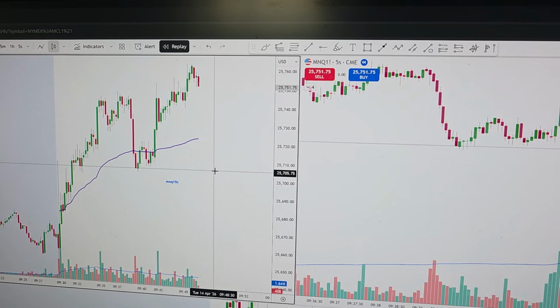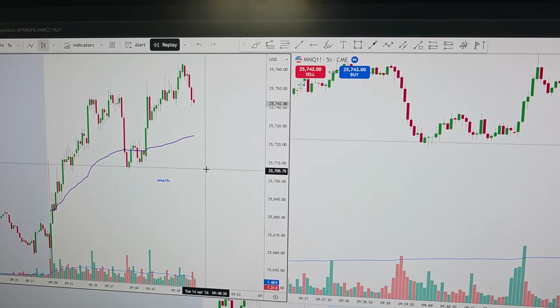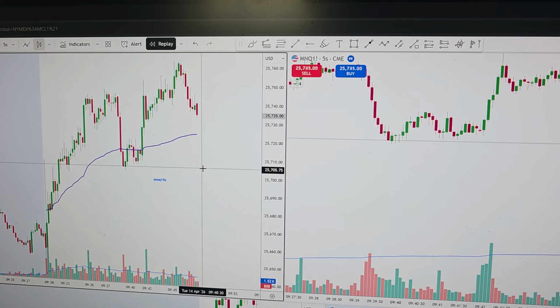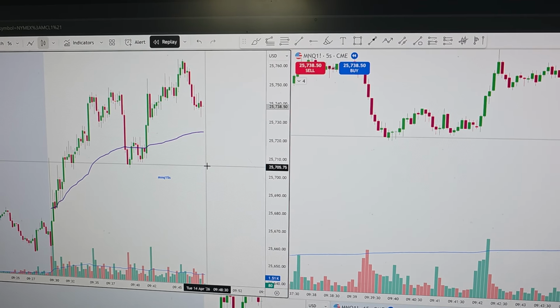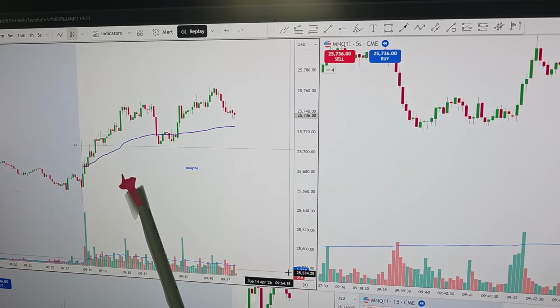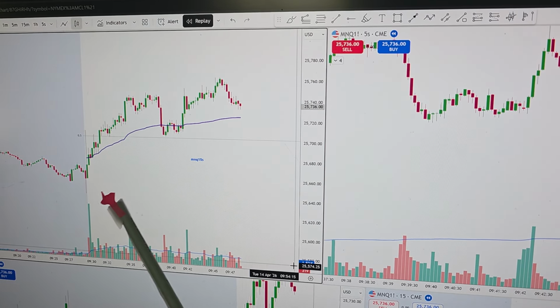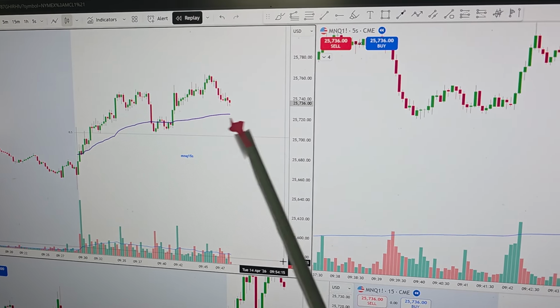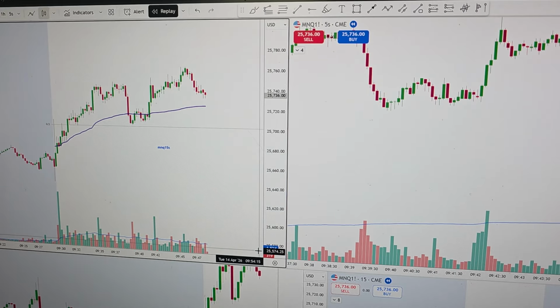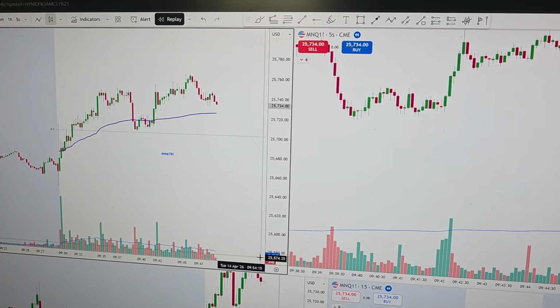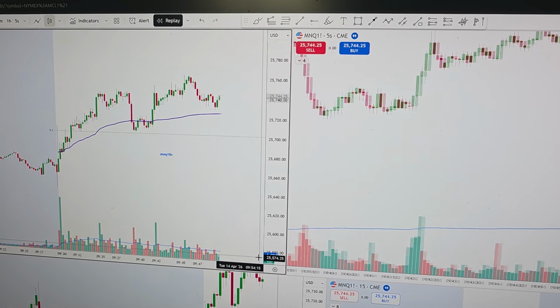We continue to push higher, and now it looks like that's the high of the swing. So at this point, if this is the high, then we can put on the 50% retracement and see what we have.